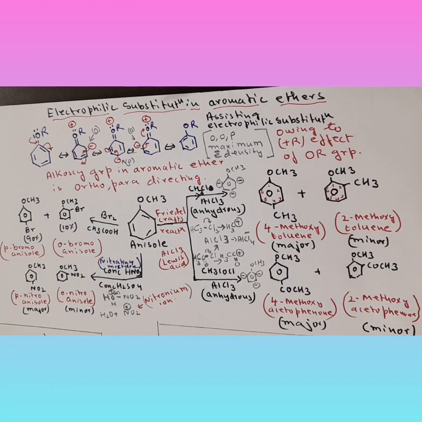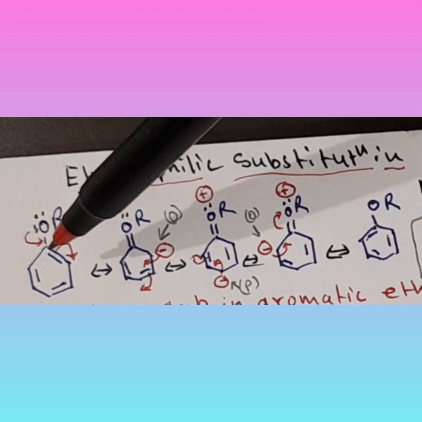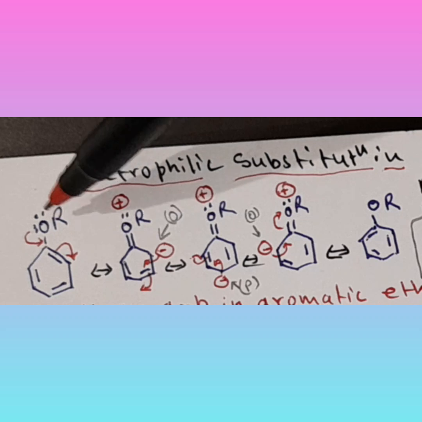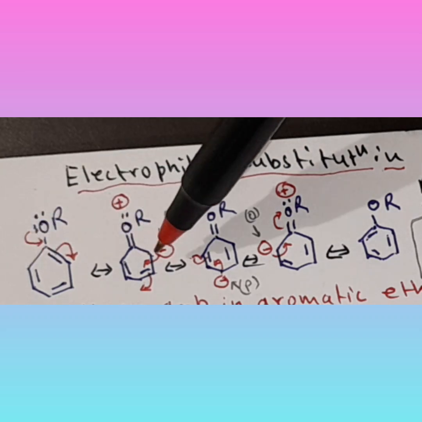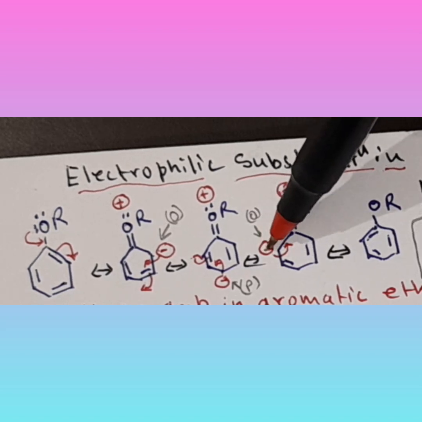Okay guys, now let's progress towards electrophilic substitution in aromatic ethers. Alright, so this is the reaction that we would see. Now this we have already studied, where if we have an electron donating group, then ortho, para gets activated.